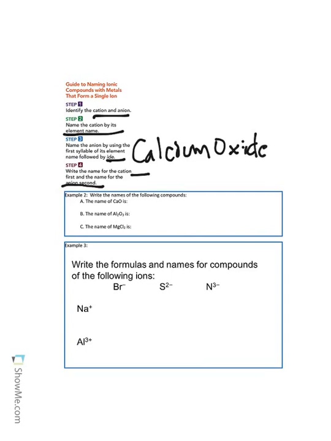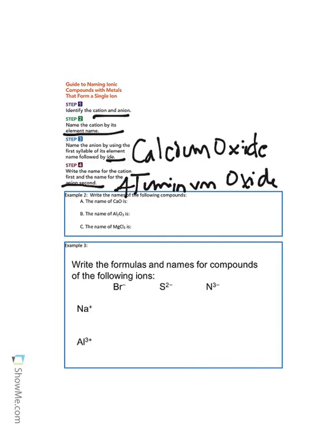Al2O3, we have Al, which stands for aluminum, and O, which stands for oxygen. So again, the name of the metal is unchanged, aluminum. The name of the nonmetal is the first syllable plus "ide," aluminum oxide.